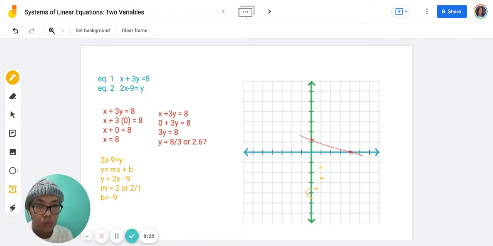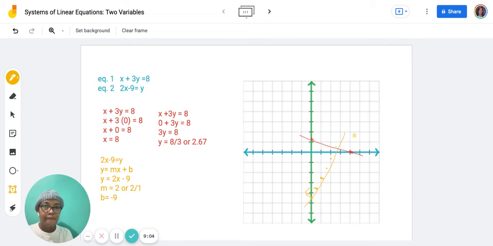Then again here, and again here. So by doing that, you have your points. Let me draw it. Okay, so that is your graph.